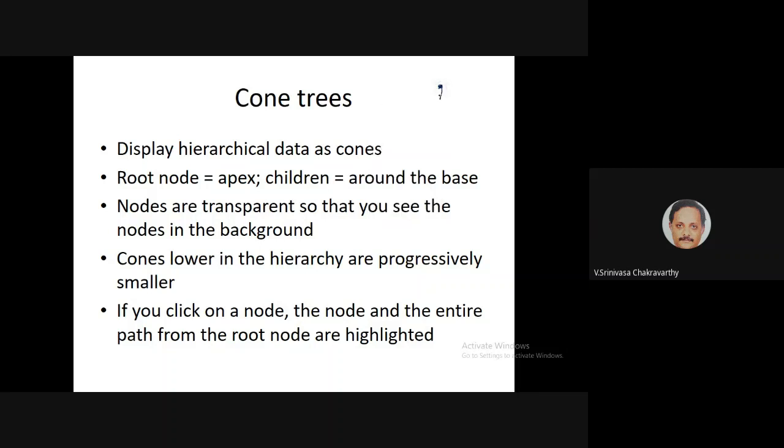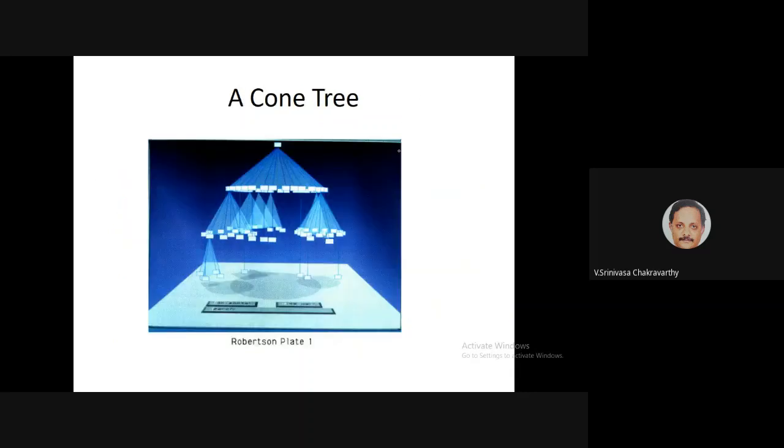Then you have a bunch of senior vice presidents, then senior managers, then middle managers, and the employees, etc. This kind of organizational chart you can depict as a tree like the one I've just drawn, but you can also depict it as a cone tree, which gives you more room to depict the entities if the tree is very complicated, like in this case.